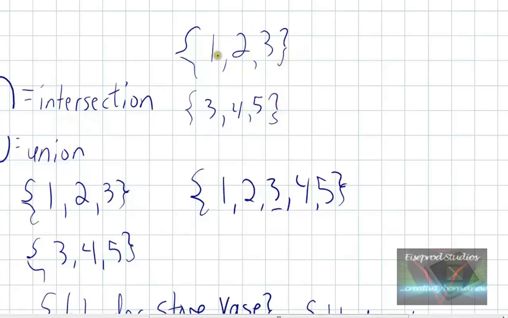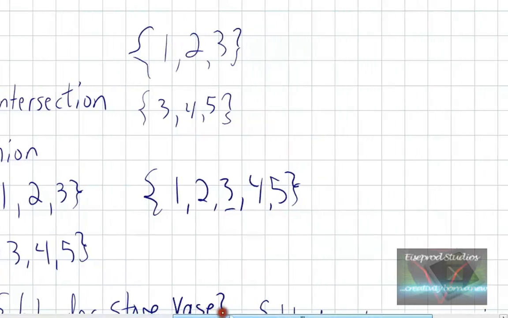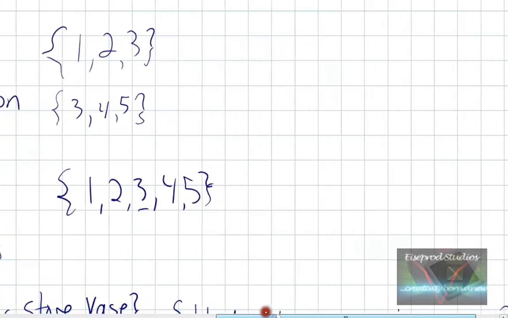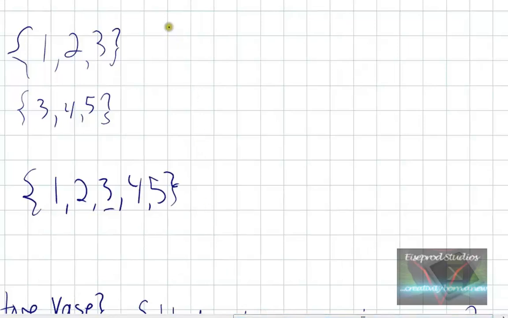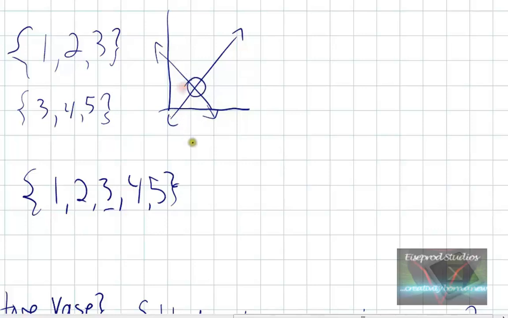What is the intersection of these two? Well, you can think of this sort of like two lines. Okay, you have a coordinate plane, you have a line that looks like this, and you have another line that looks like this. Where did these two lines intersect? Well, they intersect right here.